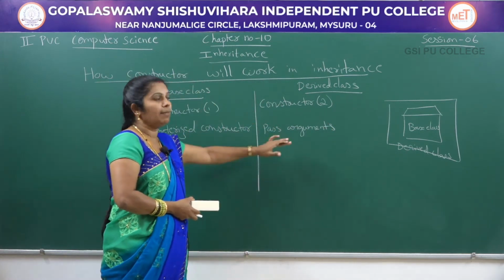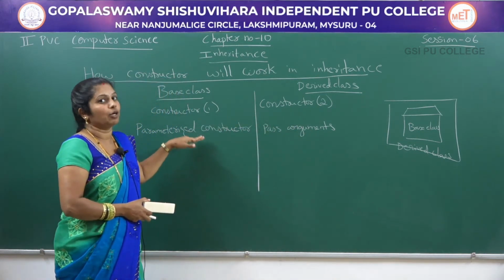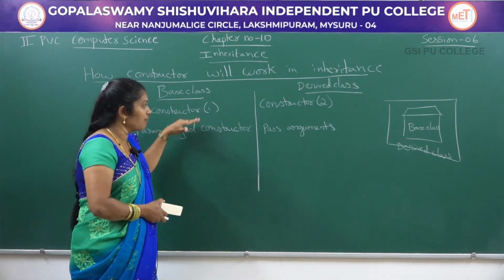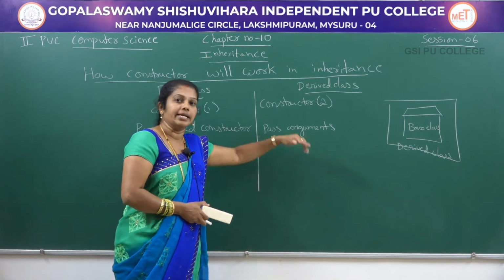It's mandatory for a derived class to pass the necessary values to the base class, because first the base class constructor has to execute. Base class execute ಆಗಬೇಕು ಅಂದ್ರೆ ಅದಕ್ಕೆ necessary values ಏನಿದೆ ಅದು derived class ಇಂದ compulsory it has to pass.